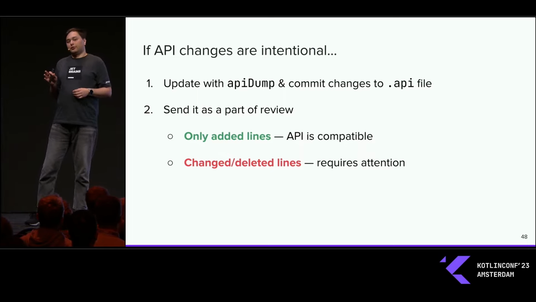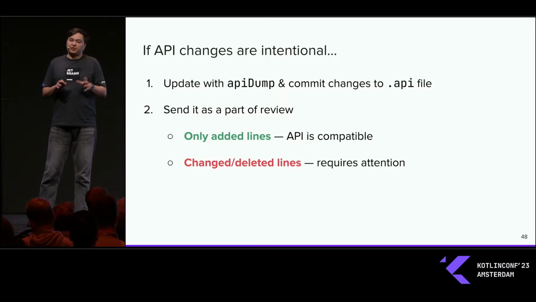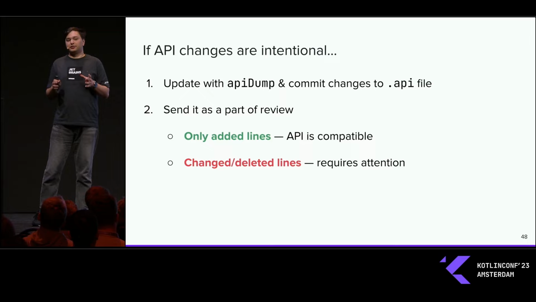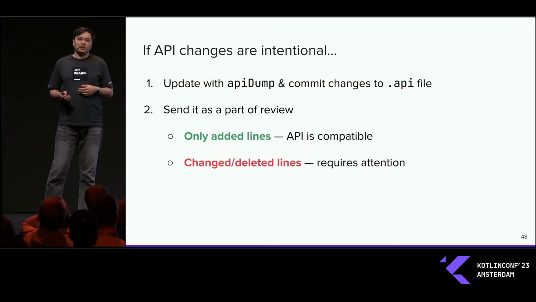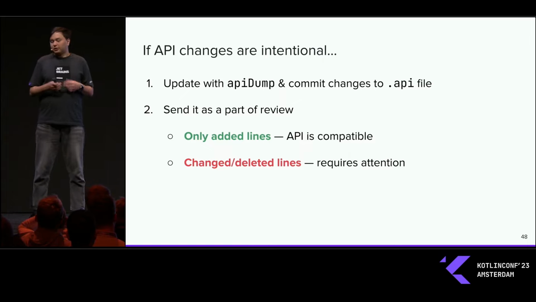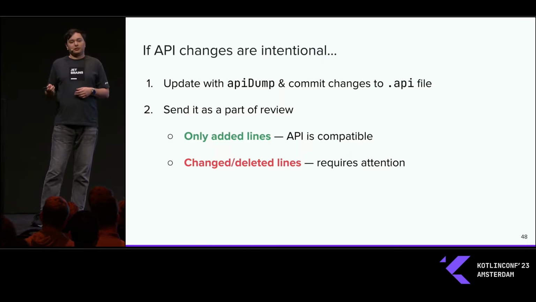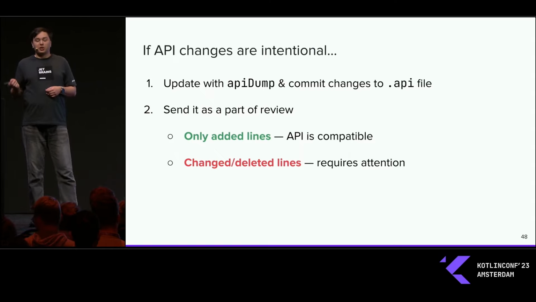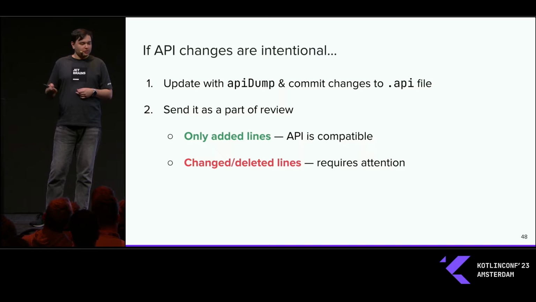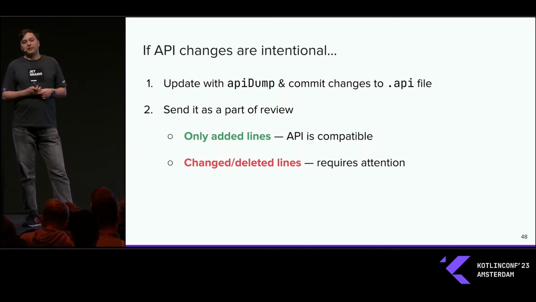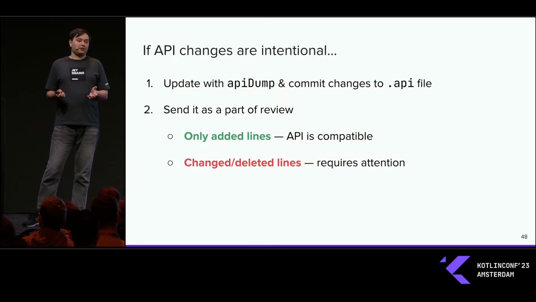So the side note here, the binary compatibility validator is a pretty simple tool. It doesn't tell you whether your API is compatible or not. It simply says if it has changed. But a reviewer can also use some heuristics. If the changes in the API file are only additions, so we have only added lines, then the API is likely compatible because we haven't deleted or modified anything in it.